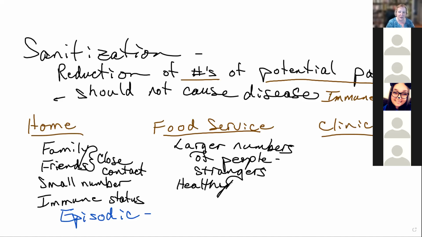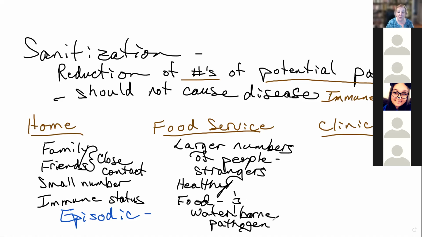If you work in food service and you don't feel good, do not go into work, especially if you have vomiting and diarrhea. Just don't do it. So you're generally healthy, so the numbers are going to be higher, for which should, emphasis on should, cause disease. And we're dealing with food and waterborne pathogens.